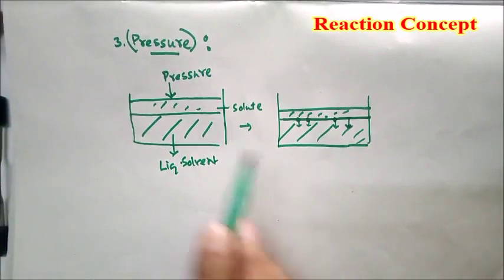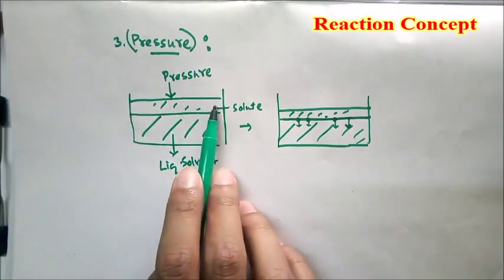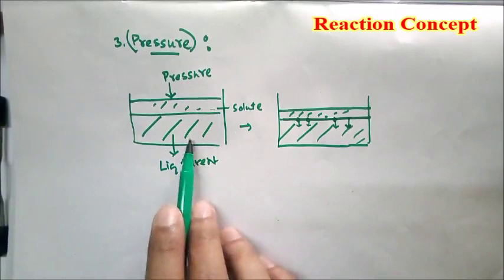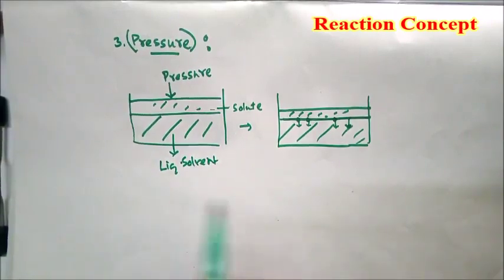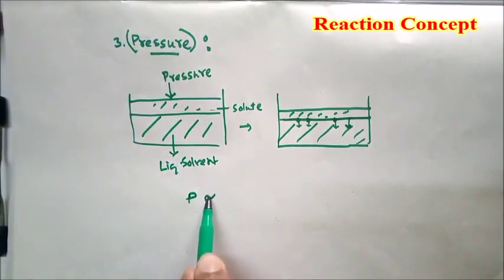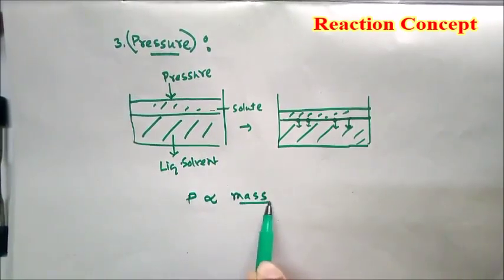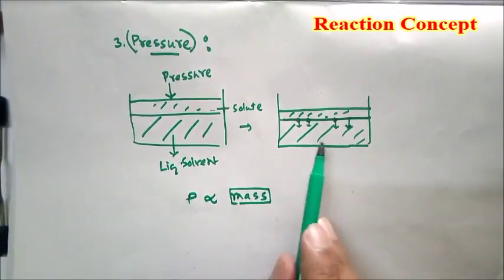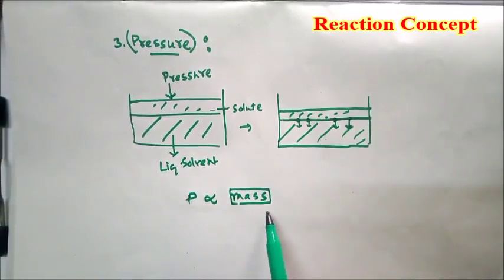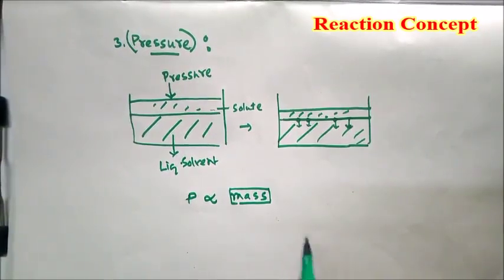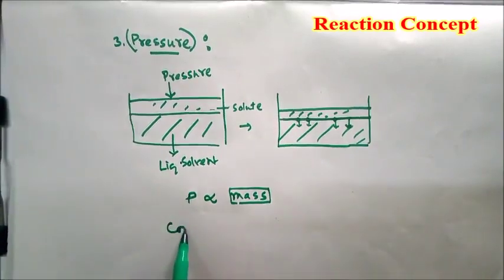So we can say in a solution where gaseous solute is dissolved in liquid solvent, if we increase the pressure, then the mass that is dissolved in the solvent will also increase.